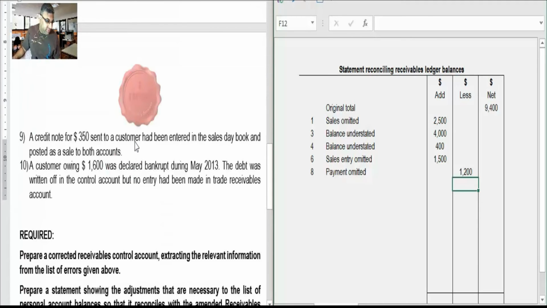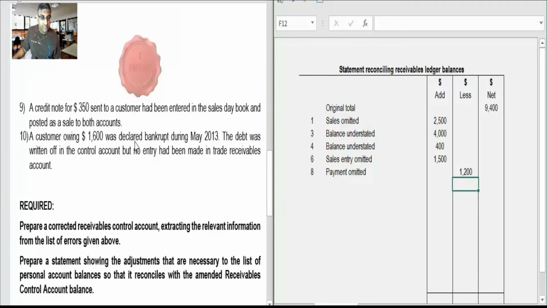Error number 9. A credit note sent to a customer had been entered in the sales daybook and posted as a sale to both accounts. If a credit note is sent to a customer, it means the customer has returned the goods to the business, to Delta Limited.